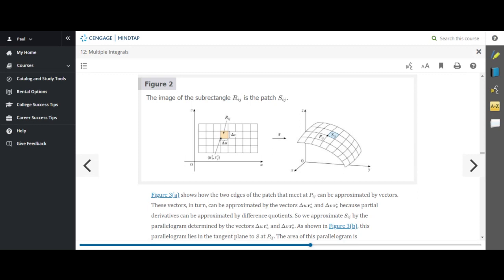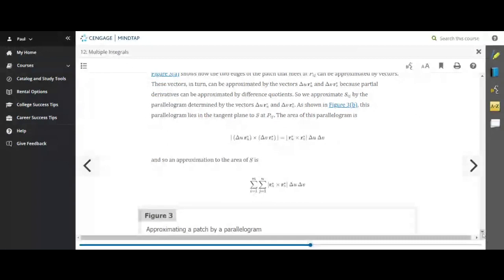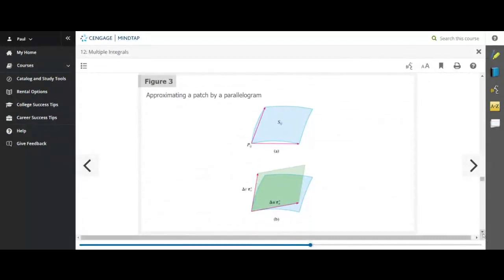Okay, so how are we going to find the area of that little patch? That S sub ij is the ijth patch on the surface. How are we going to find the surface area for that little patch? Well, in figure 3, you can approximate the area of the patch by a parallelogram.